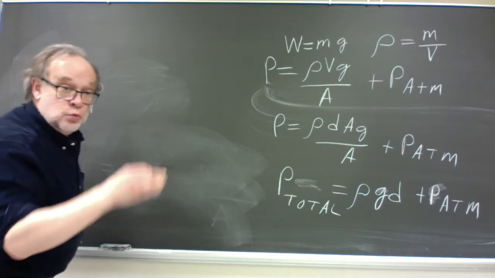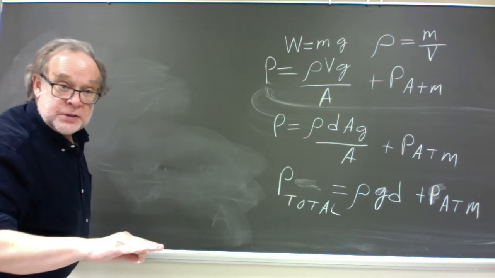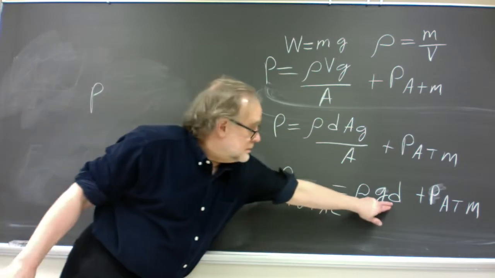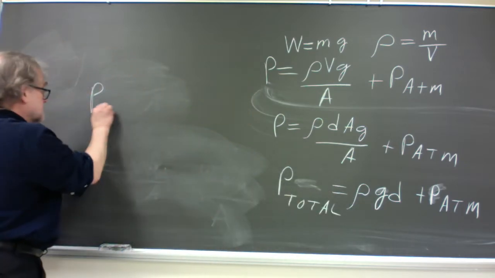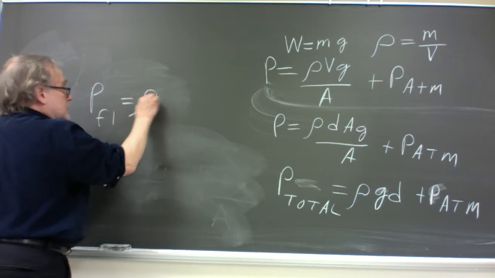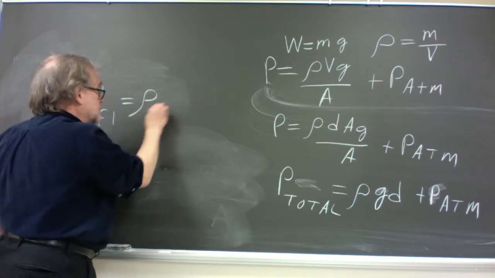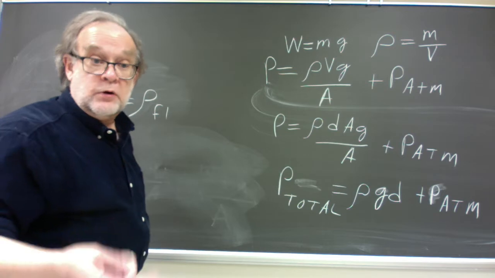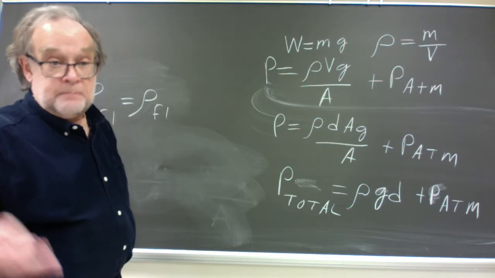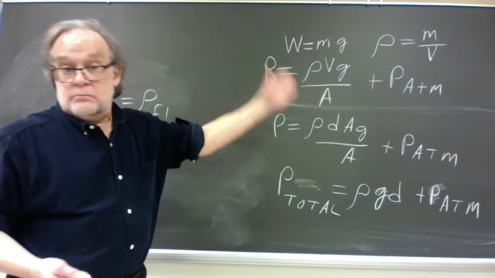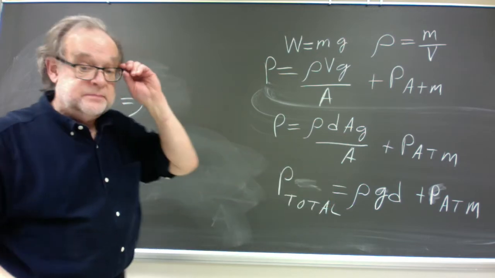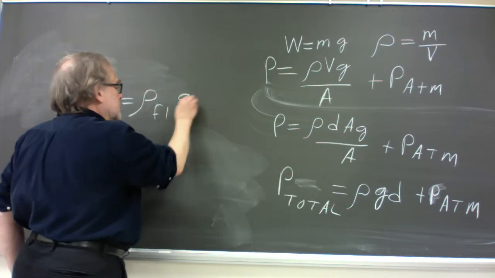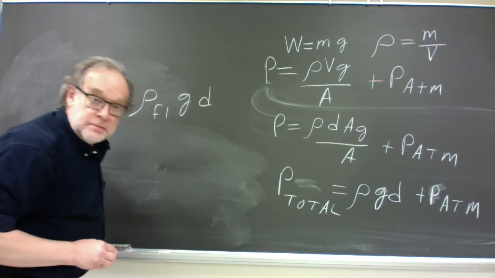Pressure, when you're at some depth, d, below the surface of some fluid, is just the density of that fluid. And in this case, we were thinking of a pool full of water, but all this stuff works no matter what kind of fluid you're using, times g times the depth.